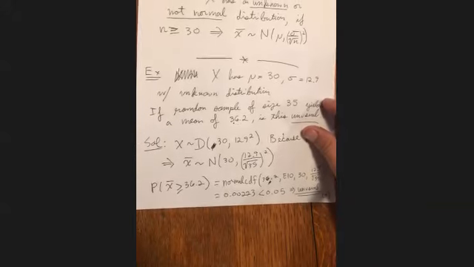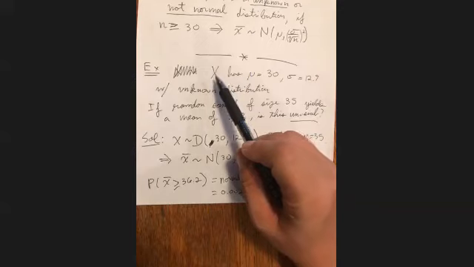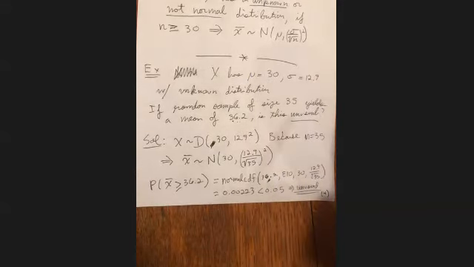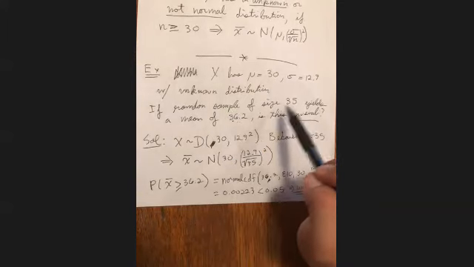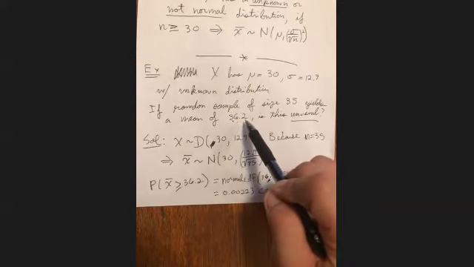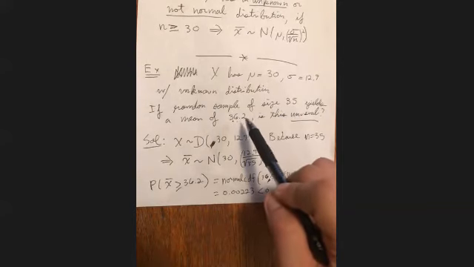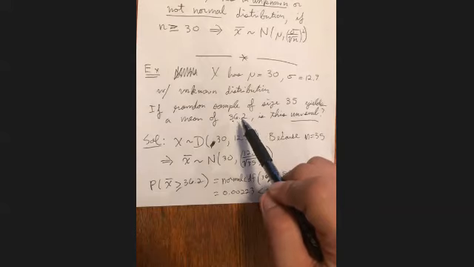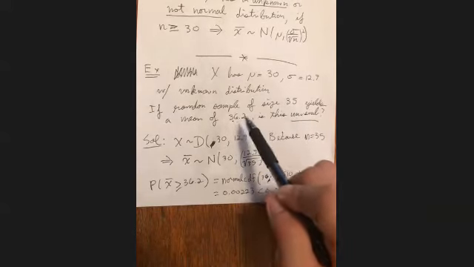Okay, so putting it all together, we have a population with an unknown distribution with a known mean and a known standard deviation. We take a random sample of size 35 from that population and compute its mean to be 36.2. So this is just one sample mean. Now we're interested, is this particular value within the sample mean distribution an unusual value to have calculated?